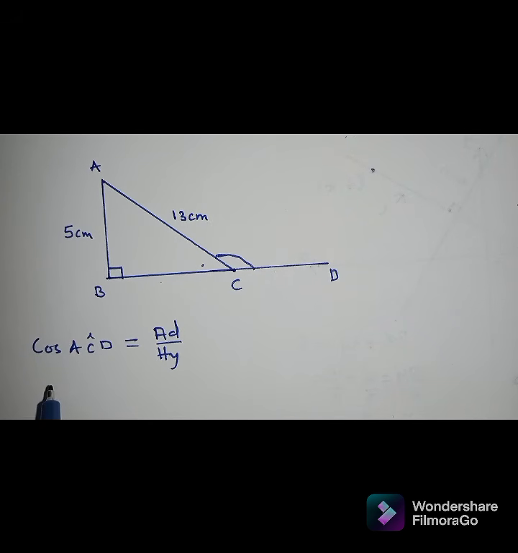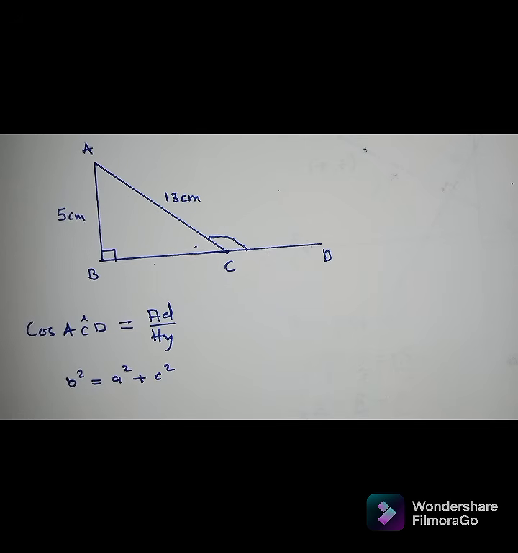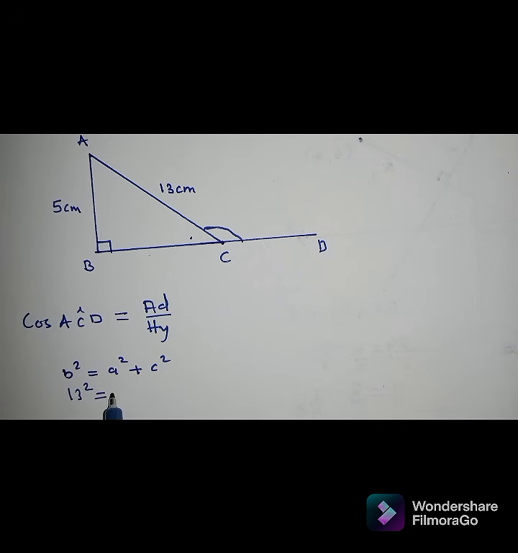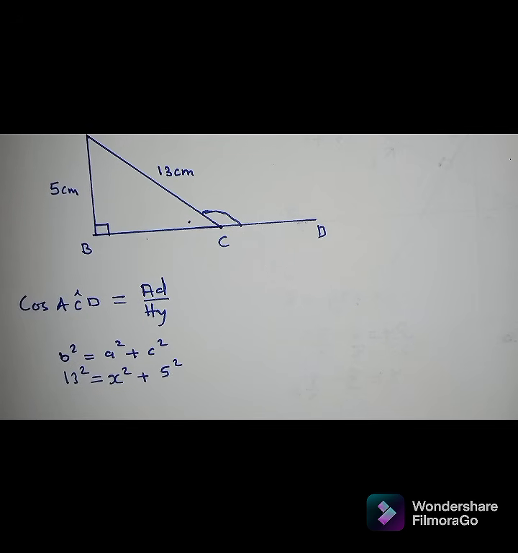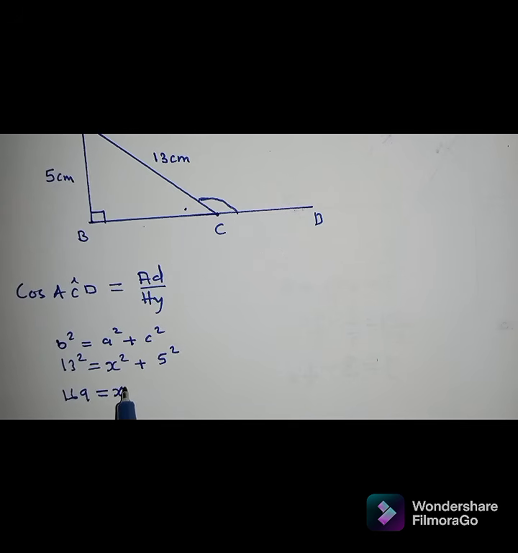Now we can use the idea of Pythagoras theorem, where we say b squared is equal to a squared plus c squared. What is our b squared? It's this side, 13 squared, is equal to our a squared, which is what we are looking for, x squared, plus our c squared, which is 5 squared. So 169 is equal to x squared plus 25.